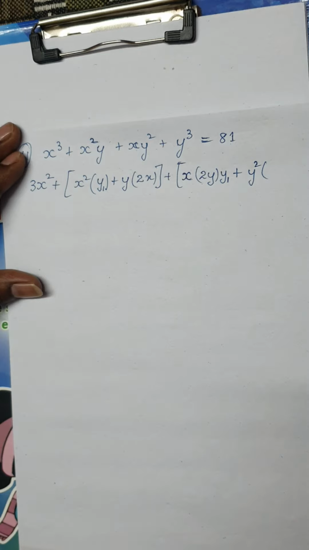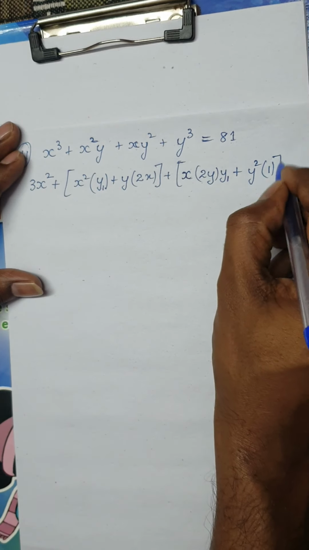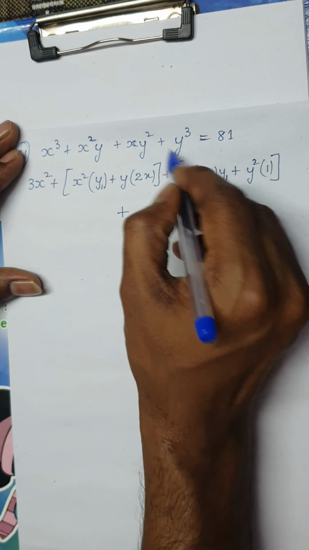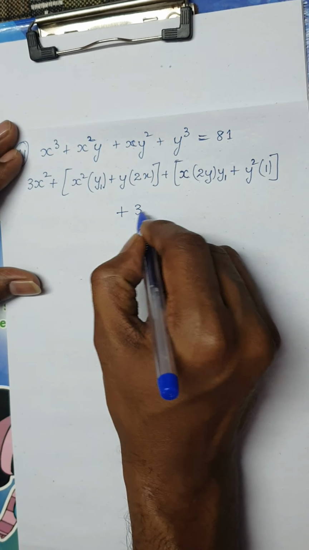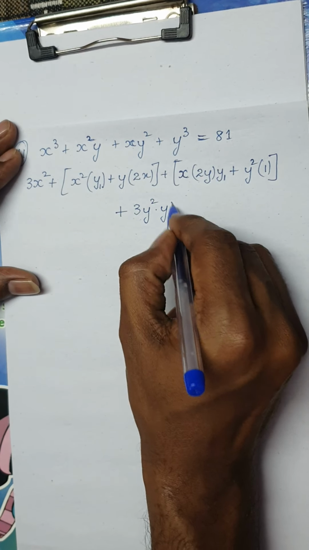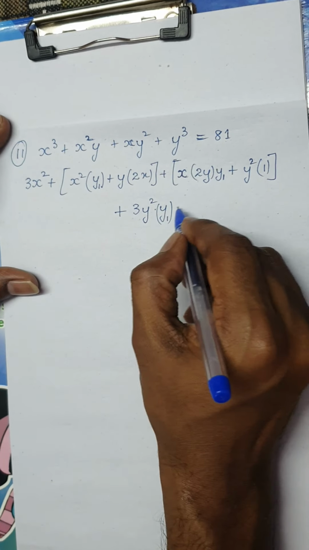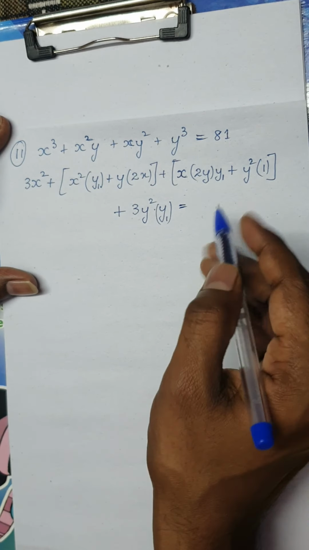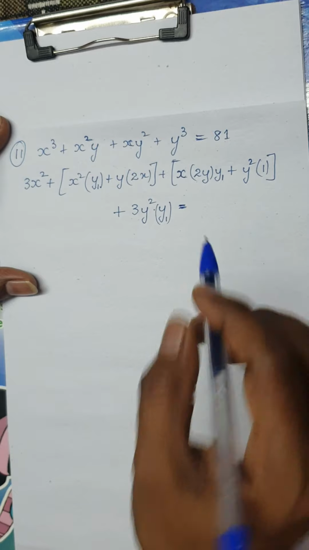Now derivative of x, we know, is 1. Plus y cube, so derivative of y cube is 3y square into y1. Remember, y1 means dy by dx, or you can also write it as y dash. Only thing is, every time writing dy by dx will put in more work.